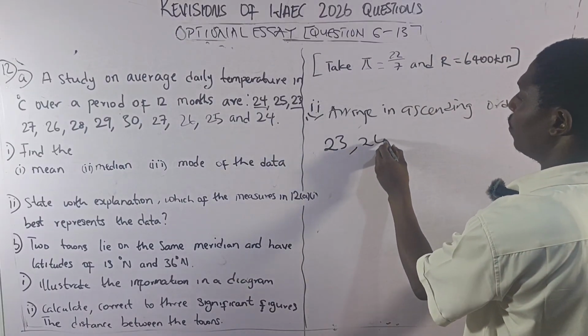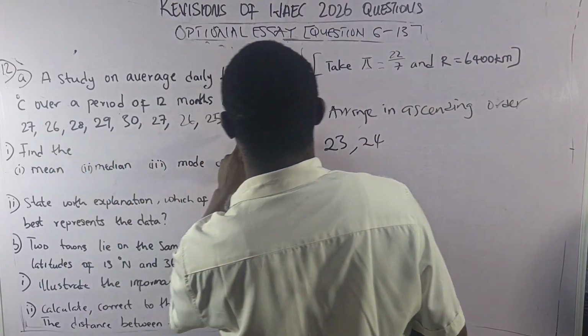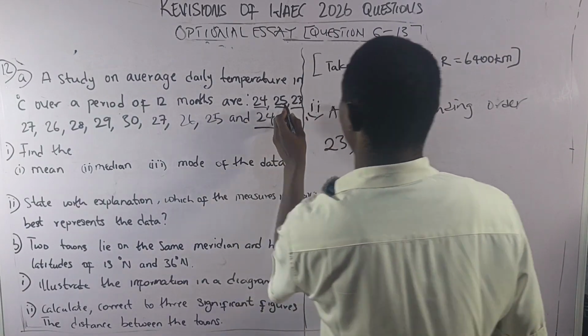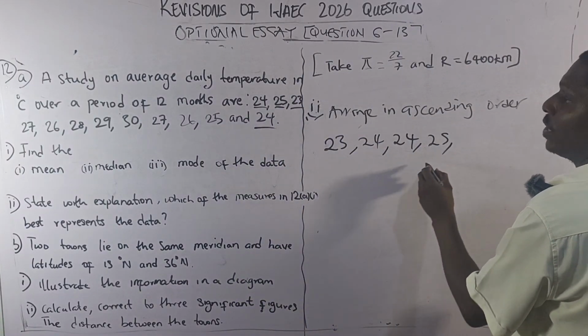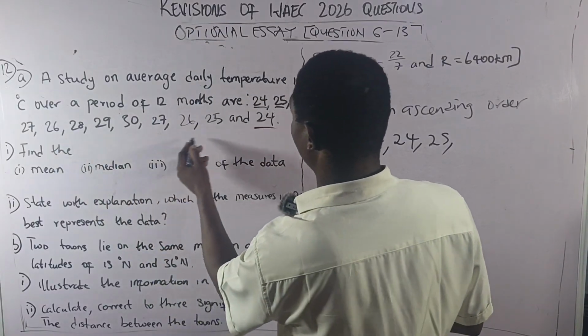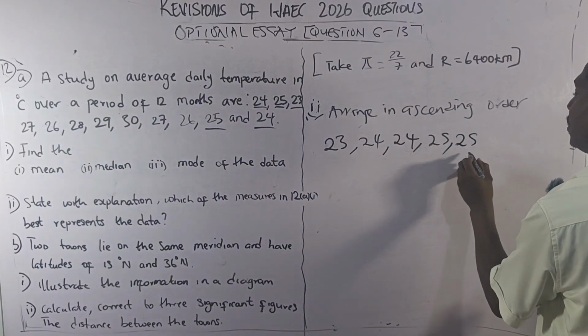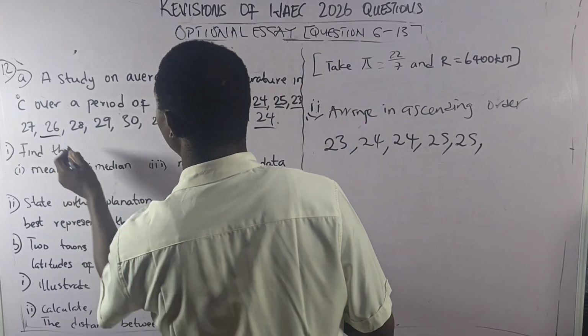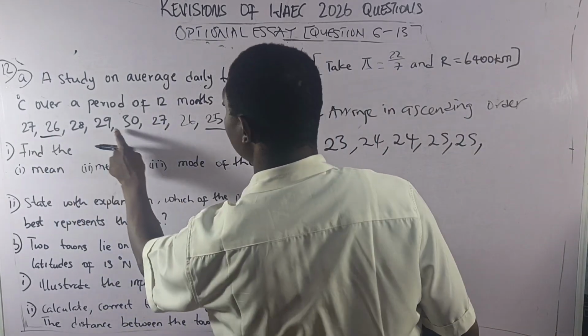Next should be 24. Is there any other 24? Yeah, 24. Now we'll move to 25. Is there any other 25? Yes. Please, in exam, this is how you do it. Then 26. Is there any other 26? Yes.